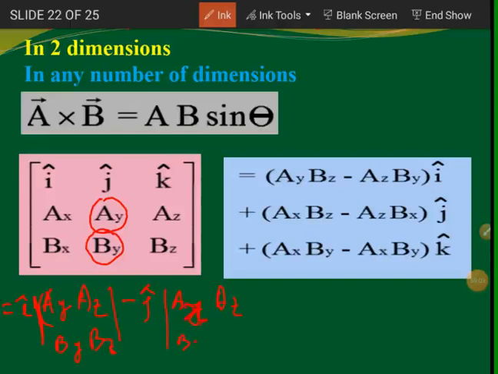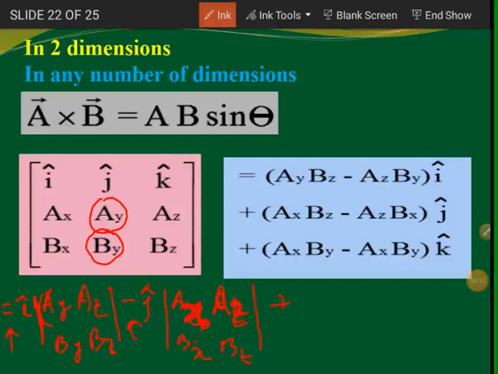Yes, I'm sorry, this should be AX. So AX, AZ, and in the second row it will be BX, BZ. Got it?